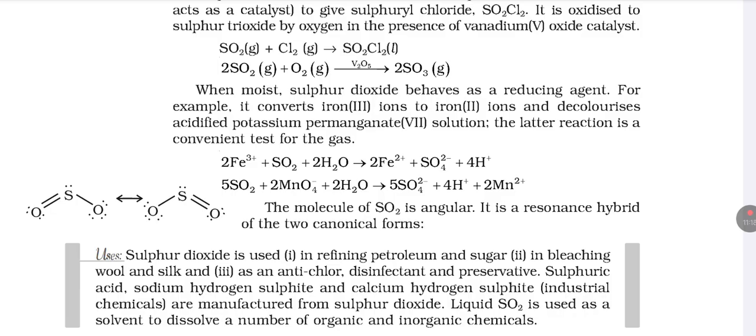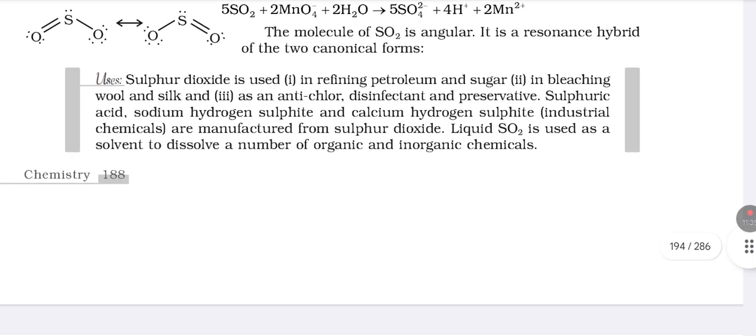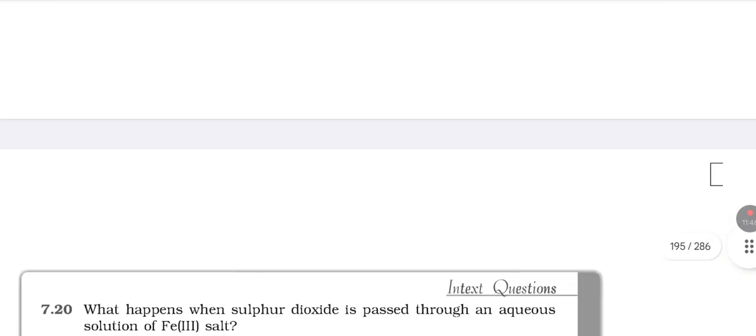For example, it converts iron(III) ions to iron(II) ions and decolorizes acidified potassium permanganate (VII) solution. The latter reaction is a convenient test for the gas. Sulfur dioxide is used in refining petroleum and sugar, in bleaching wool and silk, and as an anti-chlor, disinfectant, and preservative.